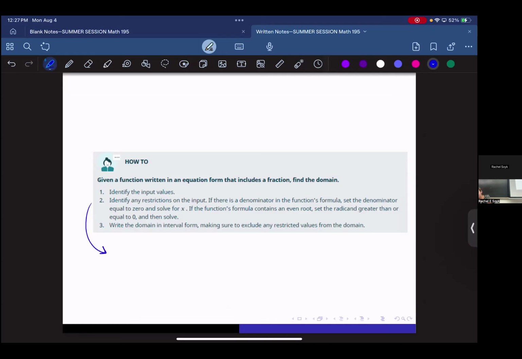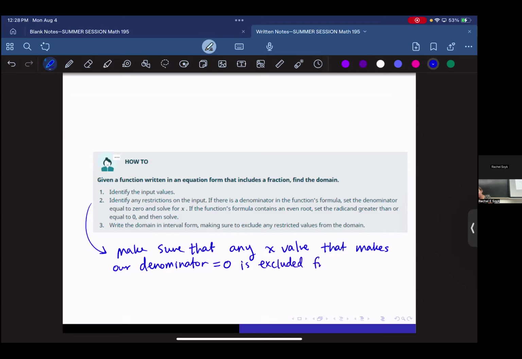We want to make sure that any x value that makes our denominator equal to 0 is excluded from our domain.